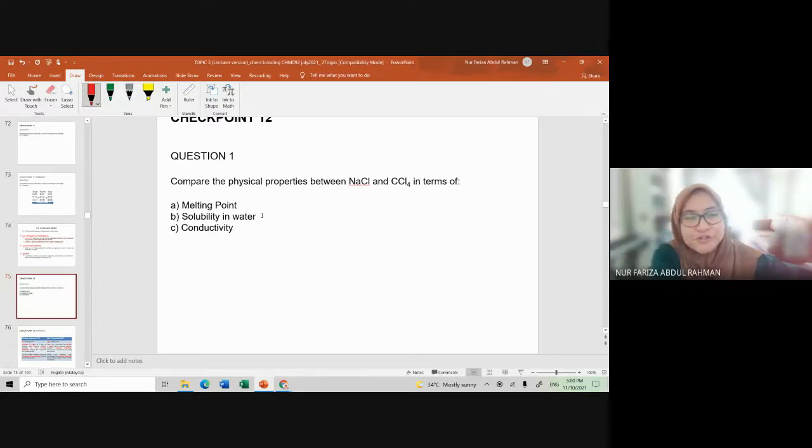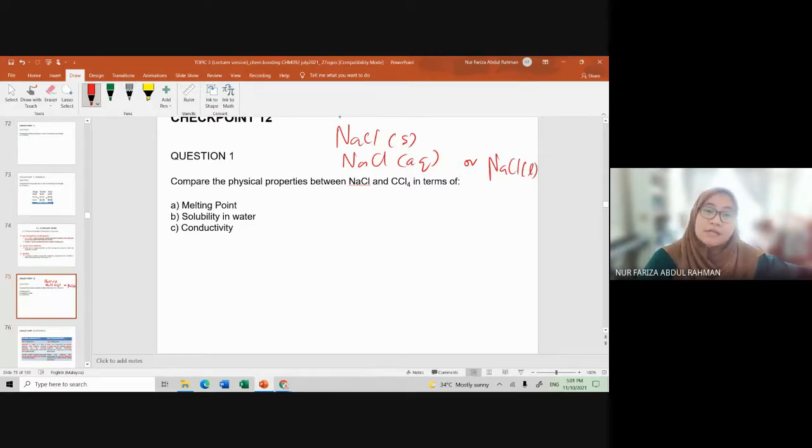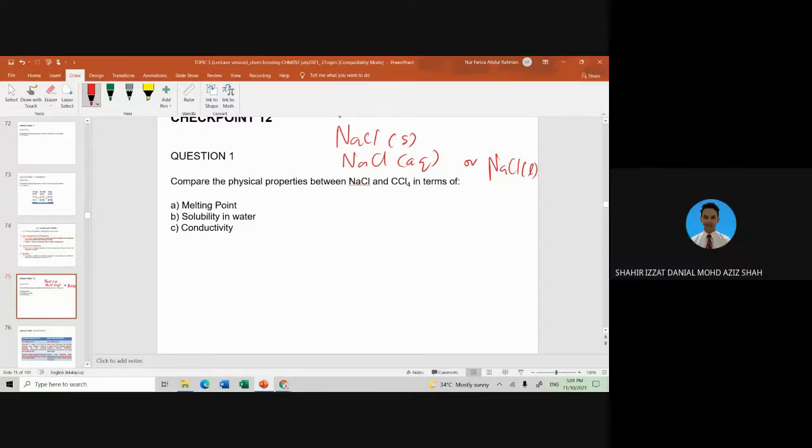Okay. You should state the phase ataupun the state that the ionic compounds are in. Sebab kalau sodium chloride in solid state, sama juga, dia cannot conduct electricity. So sodium chloride needs to be in aqueous or in molten state, liquid. Then only it can provide the free moving ions.